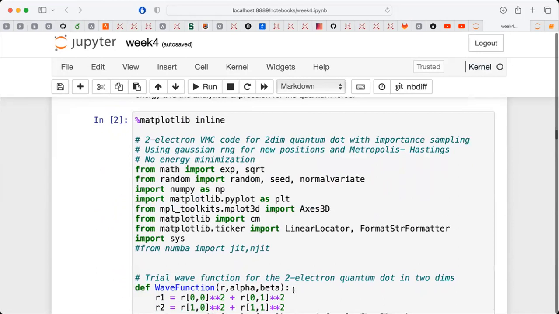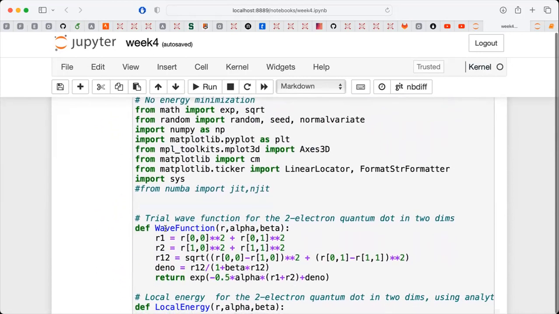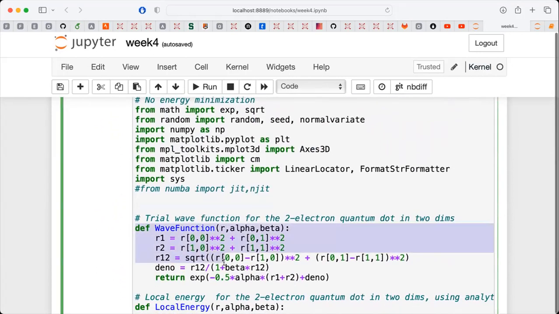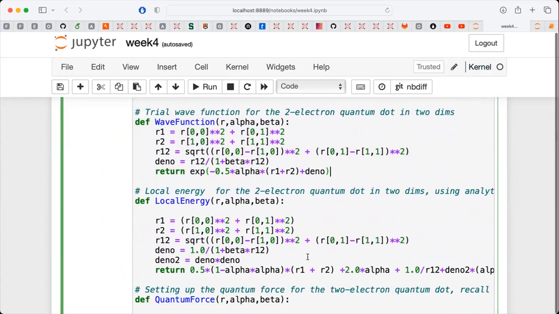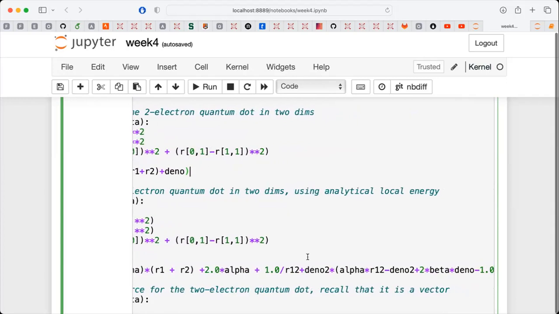What we need to do now, in addition to having the trial wave function listed here, and this is also a case where we haven't used automatic differentiation, is this: I've calculated the second derivative analytically, and this is listed down here for the Coulomb case.